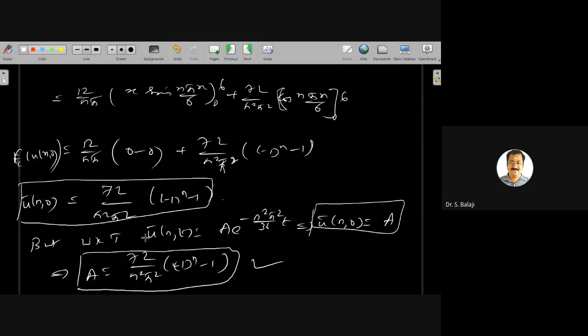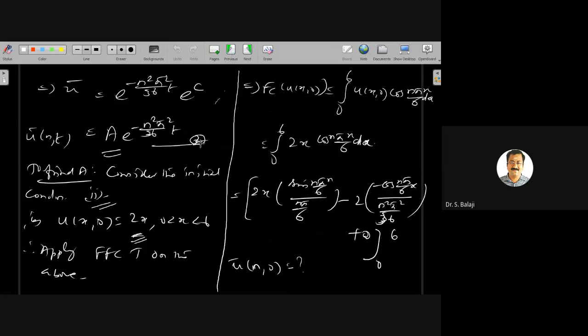But already you know that u bar of (n, t), as you just identified in equation number 2, is A e power minus n square pi square by 36 t.